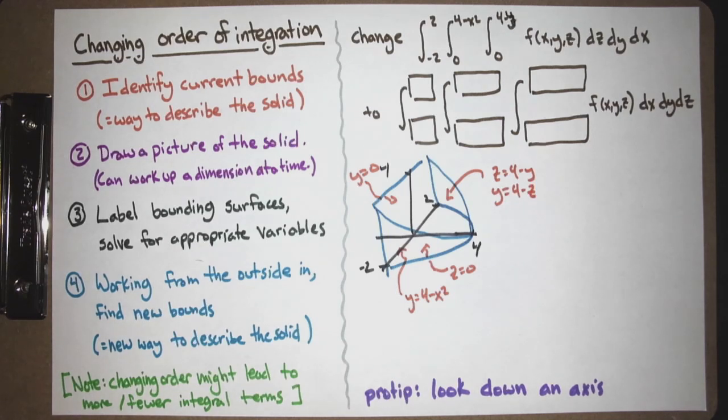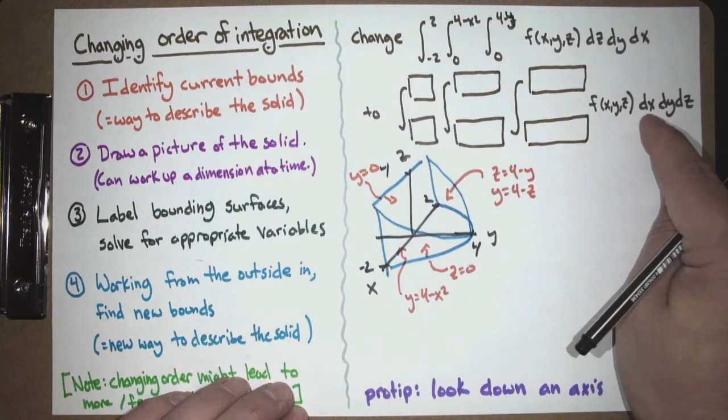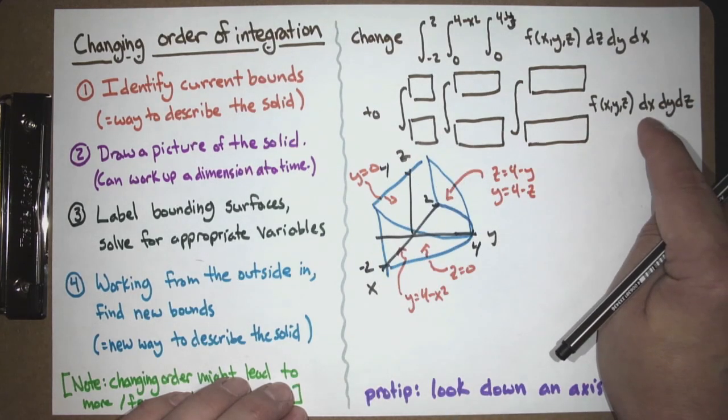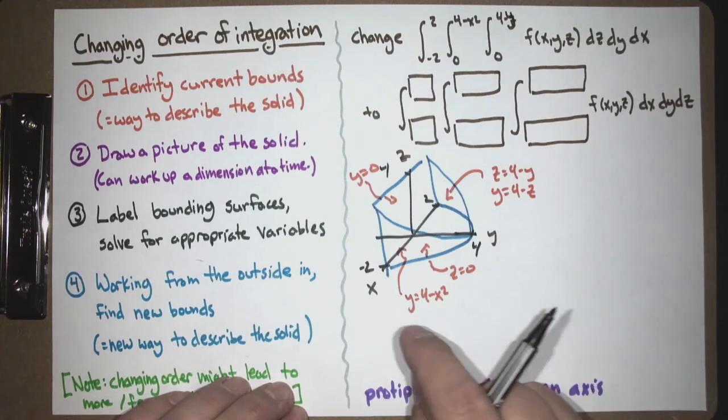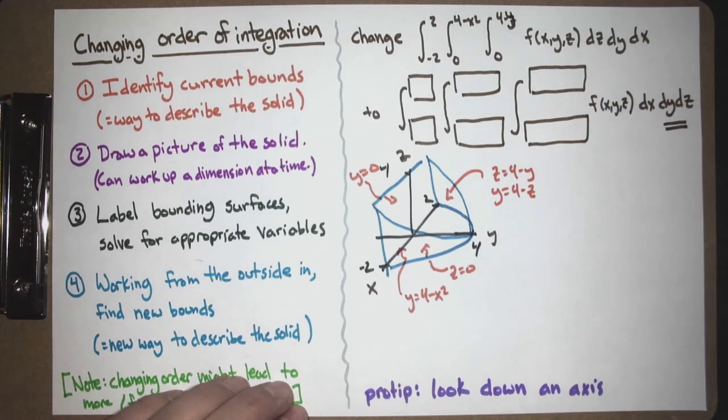All right, should we work from the outside in, since this says work from the outside in? Now, here's an idea. There's a tip here: look down an axis. You might say, well, what does that mean? Well, what's the last thing we're going to work on? The x. The x is the inner thing. So if I'm just focusing on the outer layers, the y and the z, I don't want to see x.